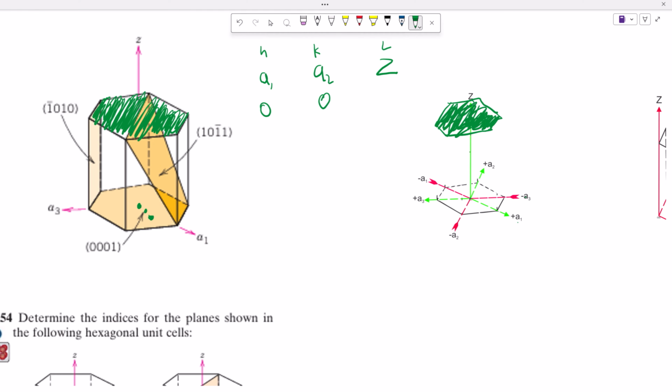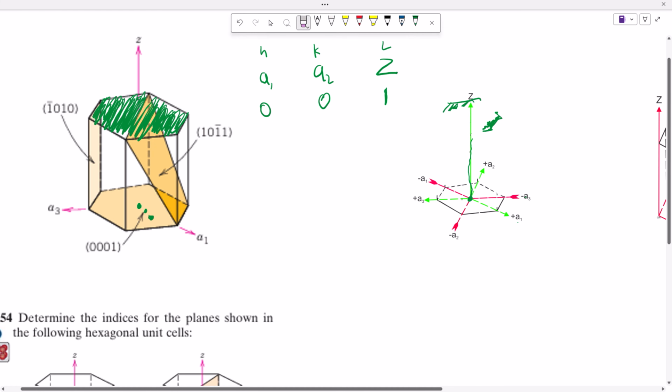Right, so from our point of origin, we go in our Z direction. When we go upwards in the Z direction right here, we are able to touch our shaded portion. So at this point, we decide our Z is 1. It doesn't end there. Next, we want to convert it into four indices, the Miller-Bravais indices.